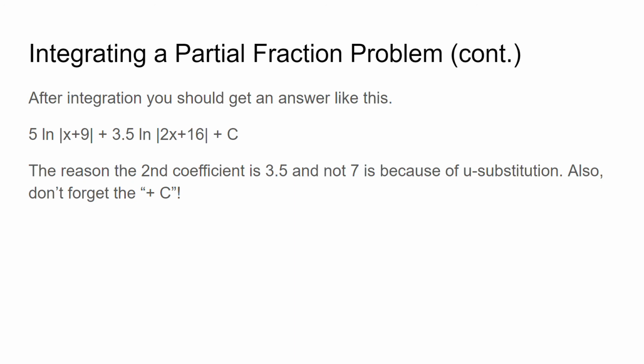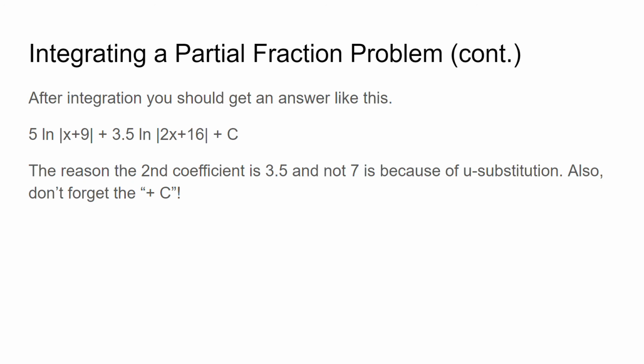Now that you've gotten that, do remember the plus c. If you didn't notice, you might be a little confused as to why the coefficient on the second term is not 7, and I put it as 3.5, and that's for a reason. It's because of u substitution.